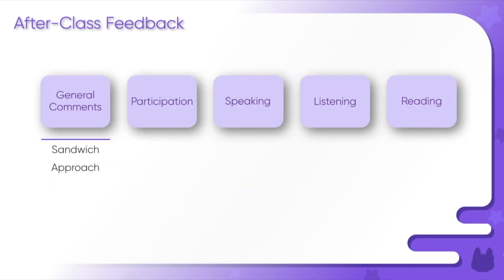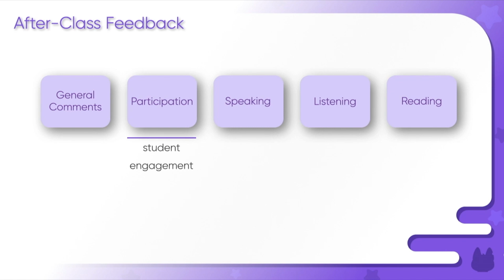The general comments text box is used to evaluate students' overall class performance. When commenting in this section, please use the sandwich approach, where we'll praise, then we'll give suggestions for improvement, and then we'll praise again. The participation section is used to evaluate students on their engagement.